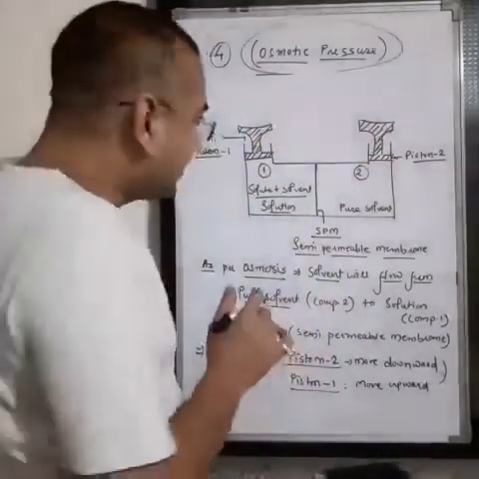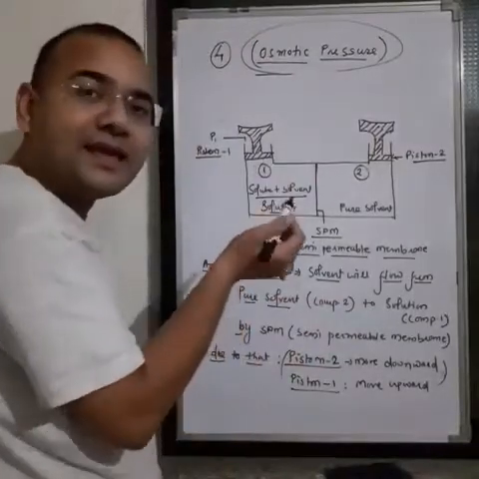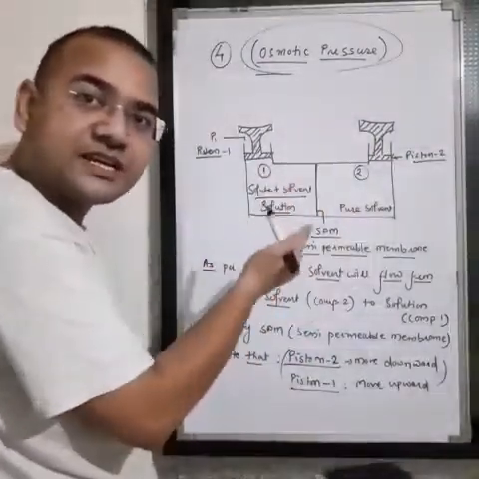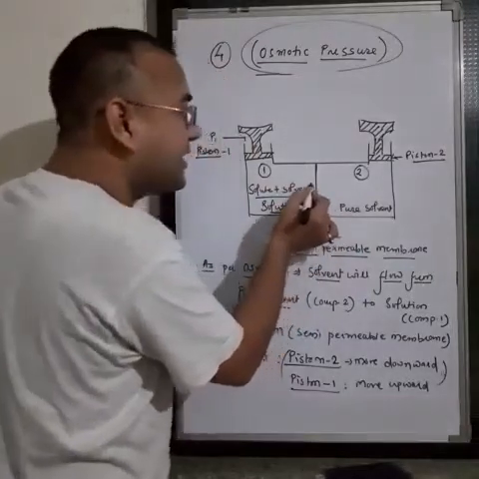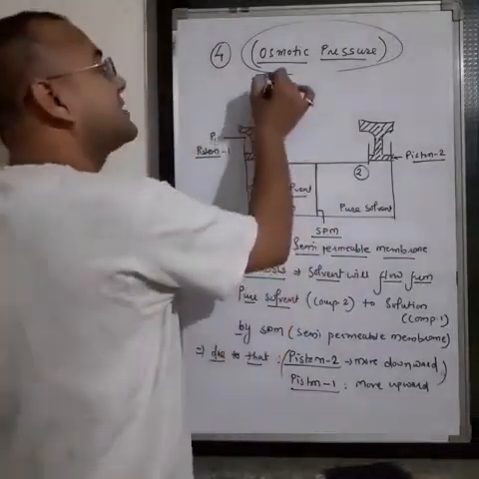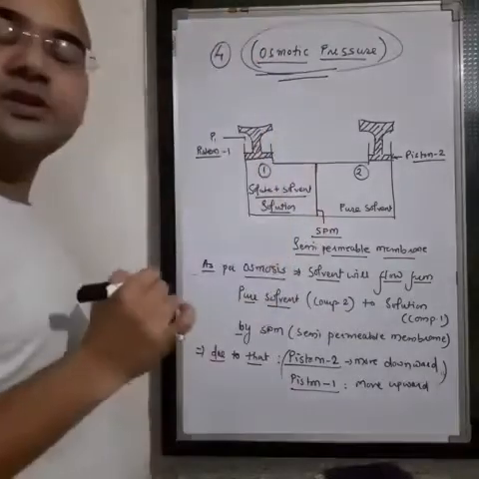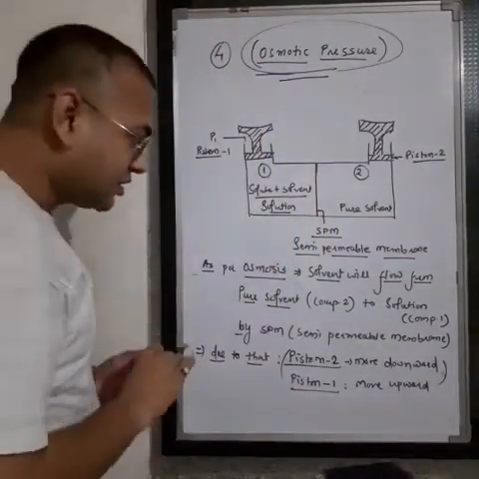It means we have to apply external hydrostatic pressure to prevent the osmosis phenomenon. This pressure is called the osmotic pressure.